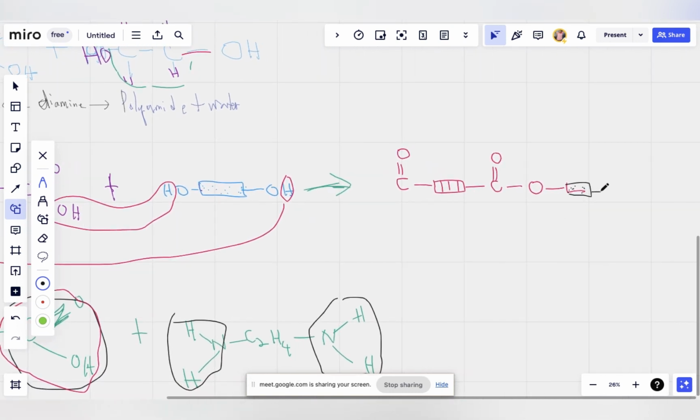And then out here to O. And then again to C. C double bond to O. Single bond to the block.